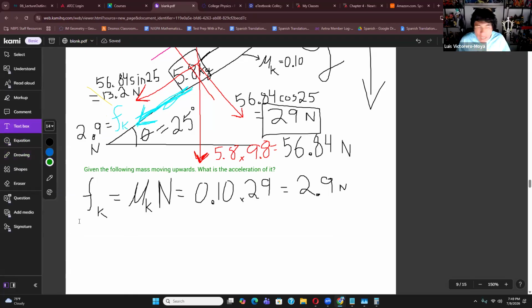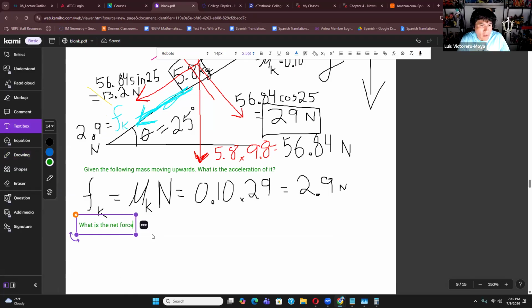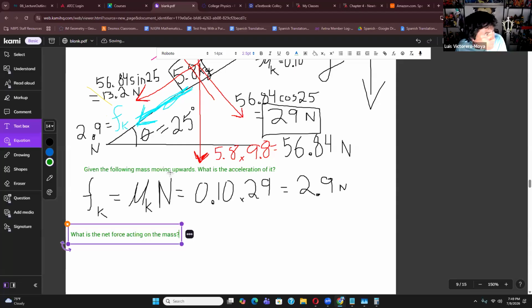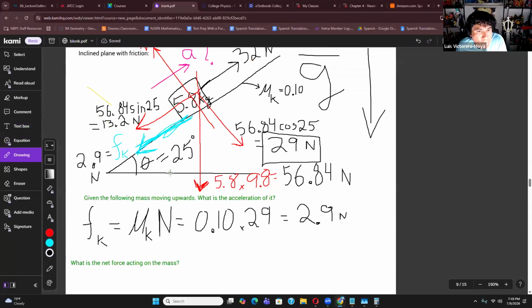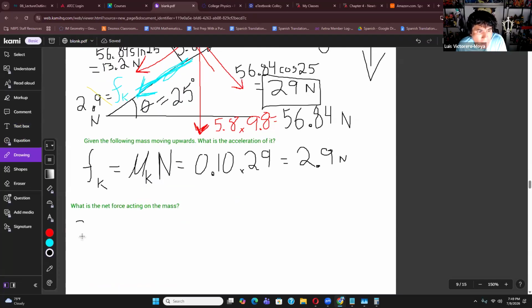Let's write here: what's the net force acting on the body? So 32 minus 2.9 friction minus 13.2, right? The mg sine. That's the net force.